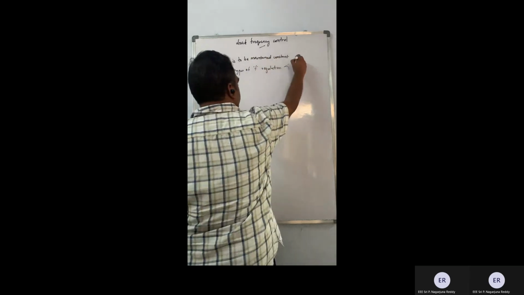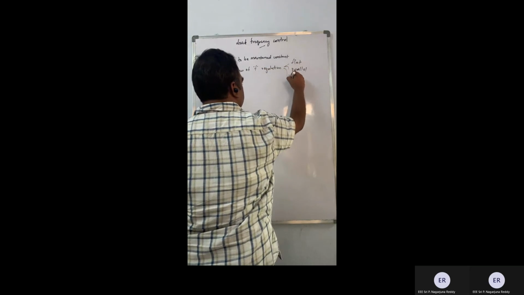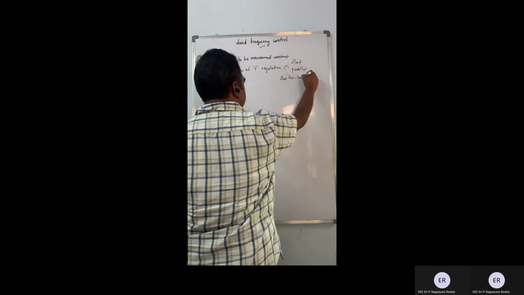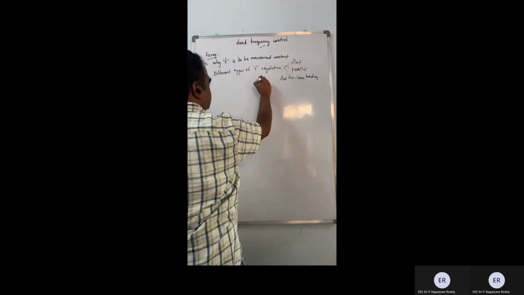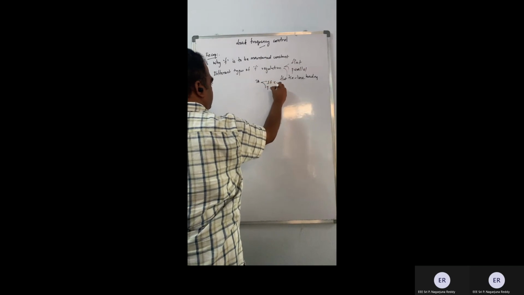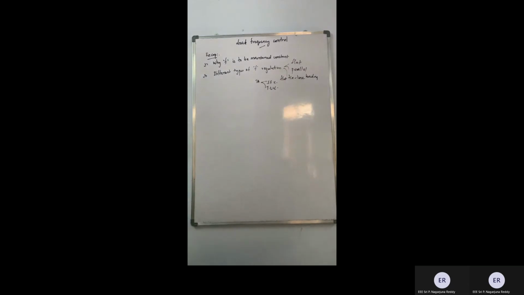We have seen flat type, we have seen parallel type, we have seen flat tie line loading. And apart from that, in a two-area system, we have seen selective frequency control and tie line loading control. We have seen these things.